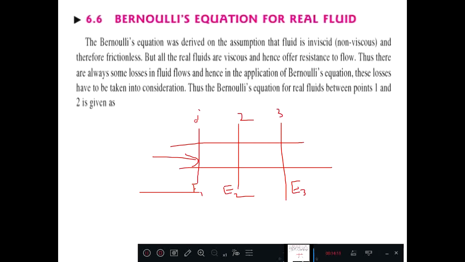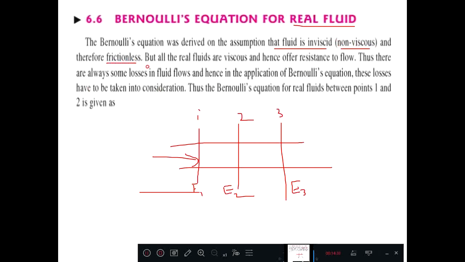In this particular case we are taking real fluids. A real fluid is one which possesses viscosity. Bernoulli's equation was derived on the assumption that the fluid is inviscid or non-viscous, meaning an ideal fluid, and therefore frictionless.